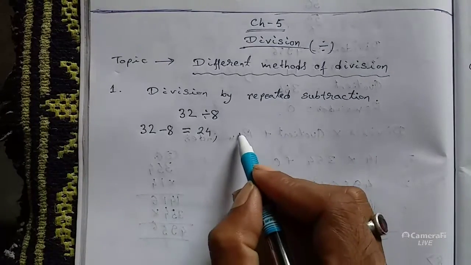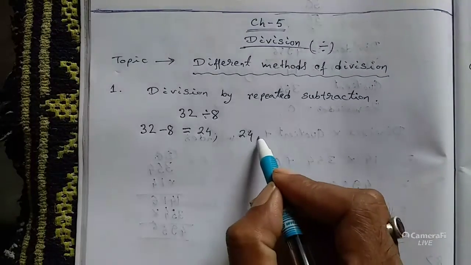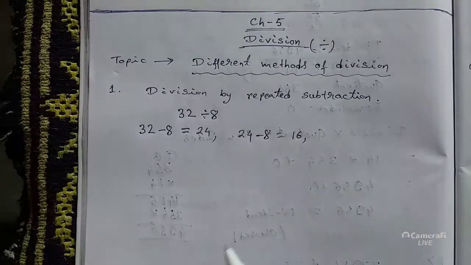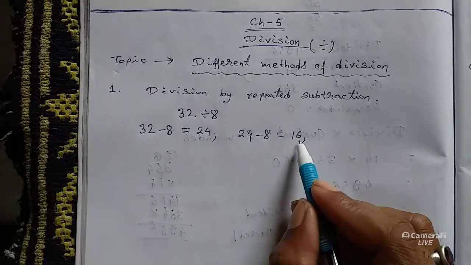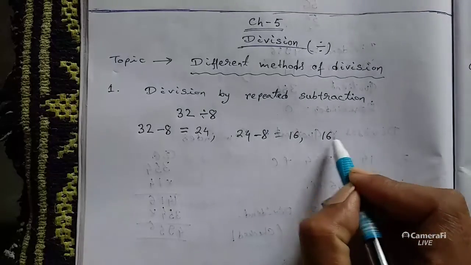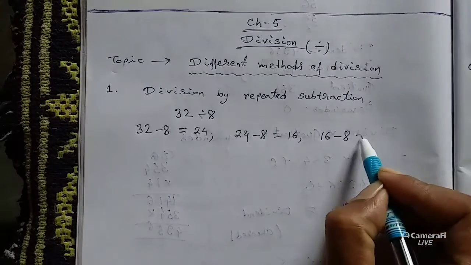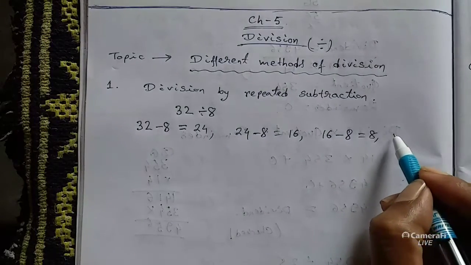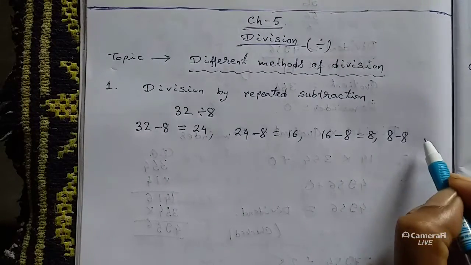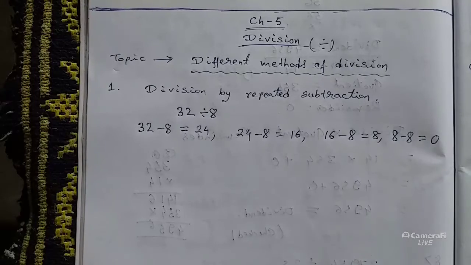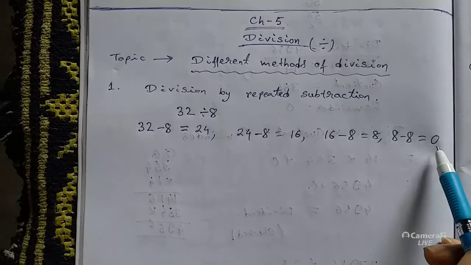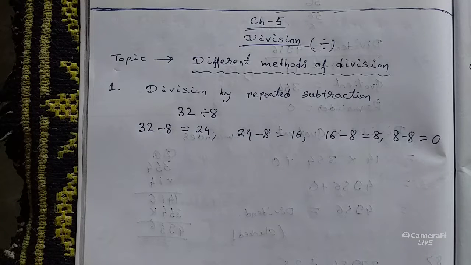Now from the remaining 24, again we will take out 8. We get 16. Again from the remaining 16, take out 8. We get 8. Again from the remaining 8, we take out 8 again. We get 0.